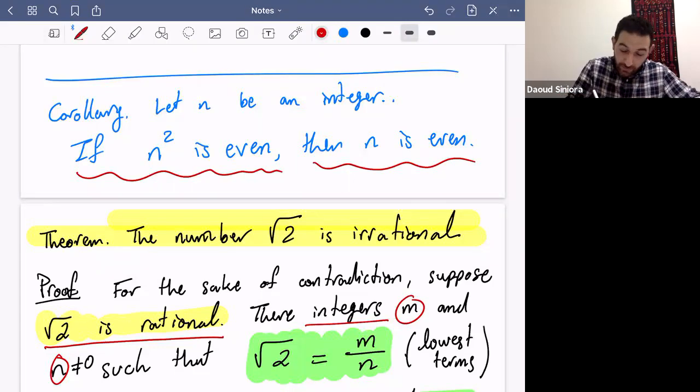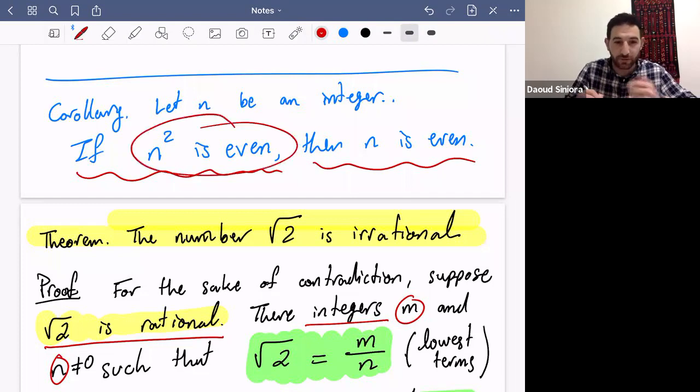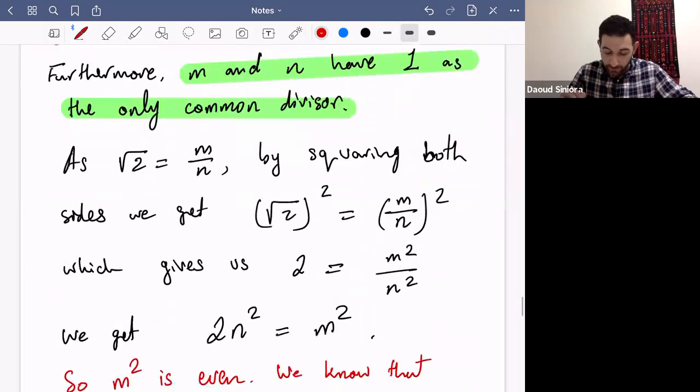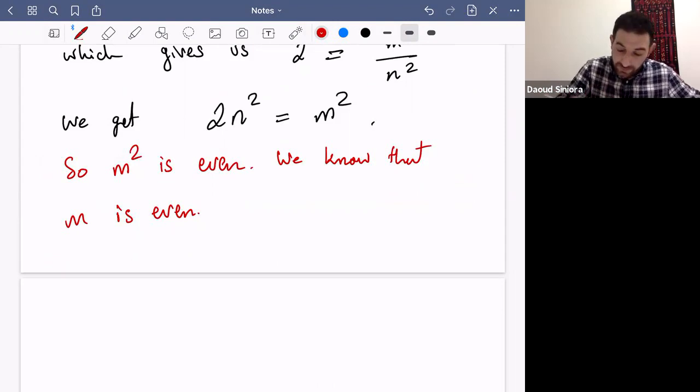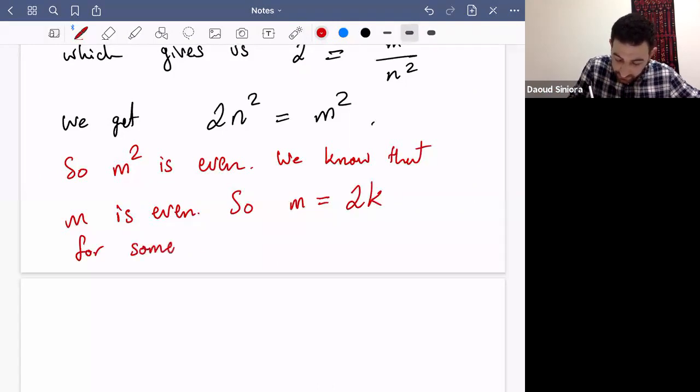So we have this conditional statement, its hypothesis is true, that m squared is even, we can conclude that m is even. But we don't say in proofs we are using modus ponens. Okay, so here we know m is even. What does it mean that m is even? So m is equal to 2k for some integer k.